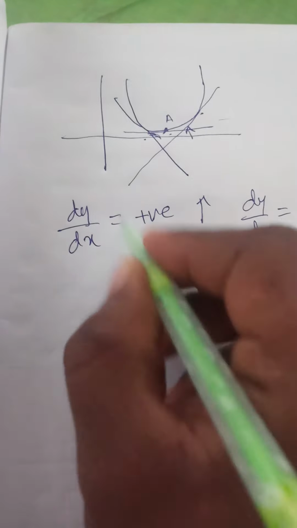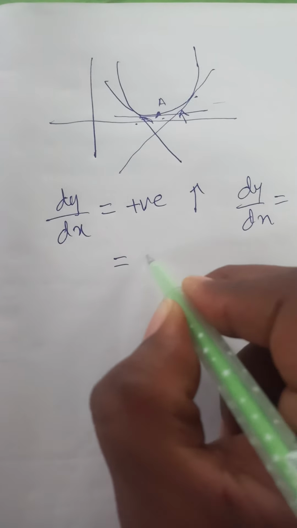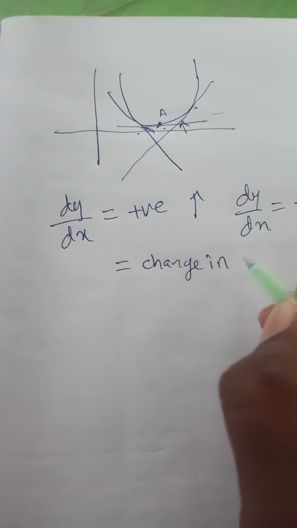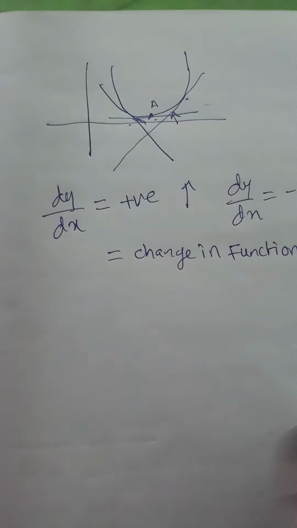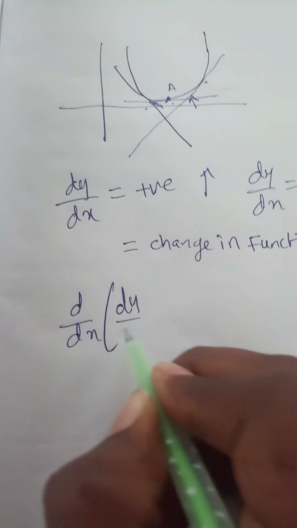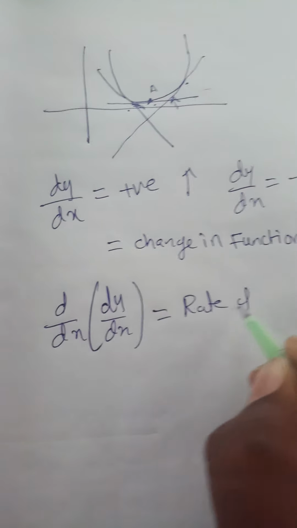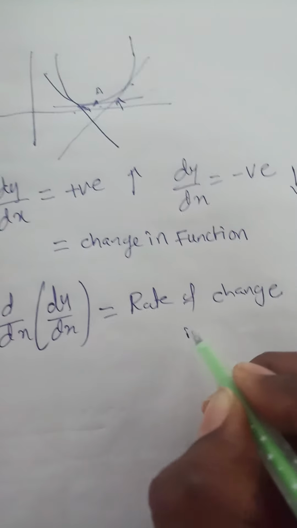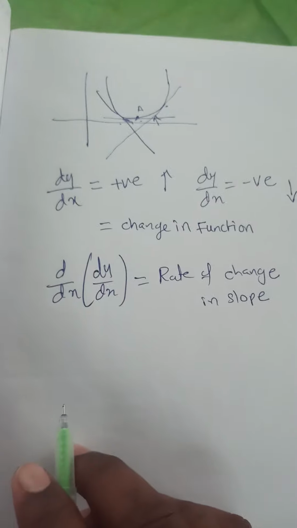Now, dy by dx is the rate of change in the function. What is d by dx of dy by dx? It is the rate of change in slope. This is a change in slope, correct?